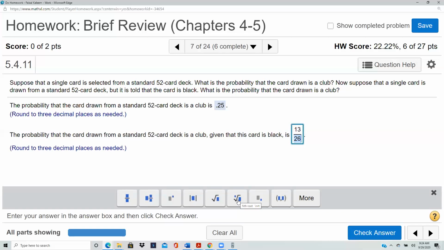Agreed? So how many court cards are there? Would it be 3? No, there are 4 of each, so how many total? 12, 3 in each suit. So in this case, you will be dividing by 12. Okay. That makes more sense.